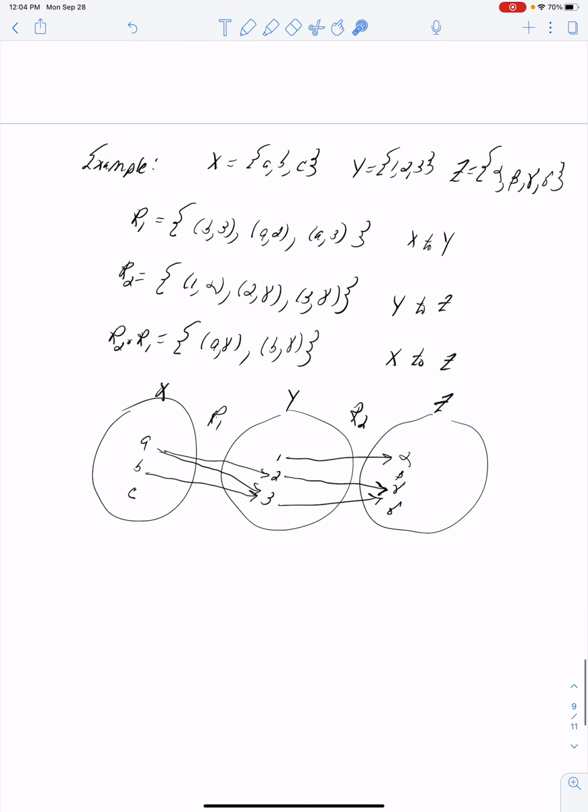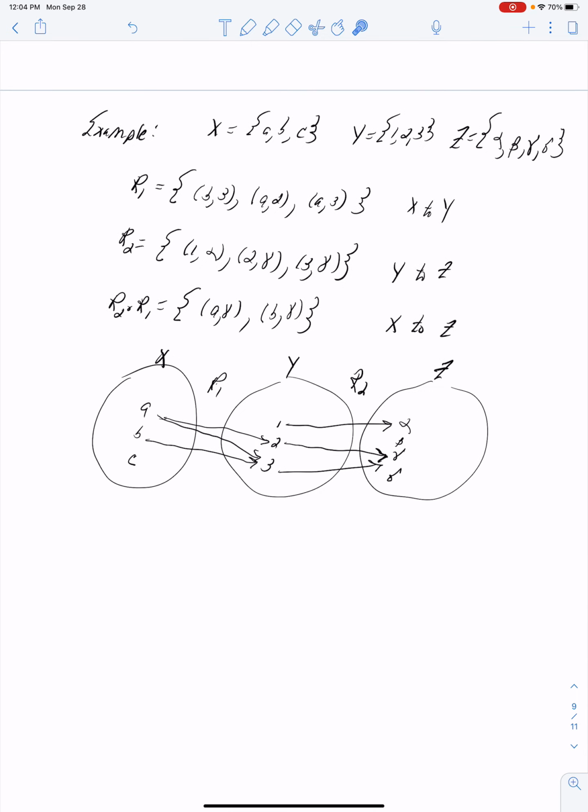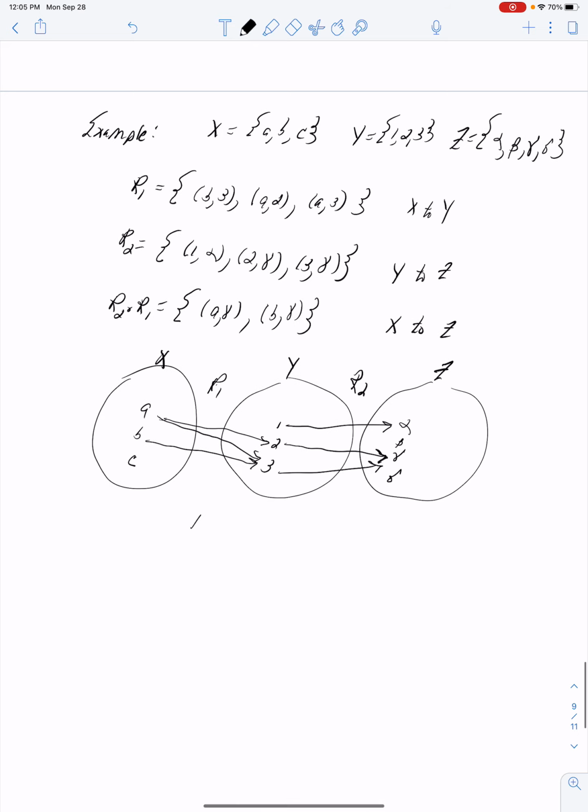All right, so now the question is, what is my composition R2 composed with R1? Well, I'm drawing what's called an arrow diagram to represent these relations. So R1 goes from X to Y. I represent those by arrows.